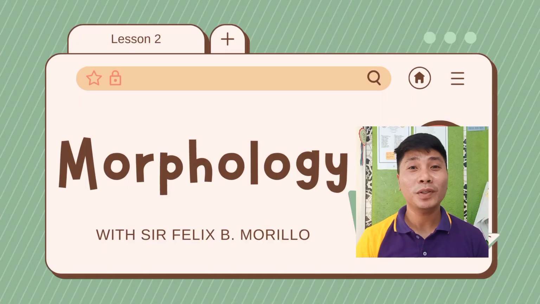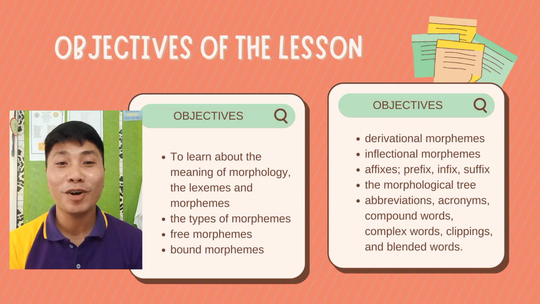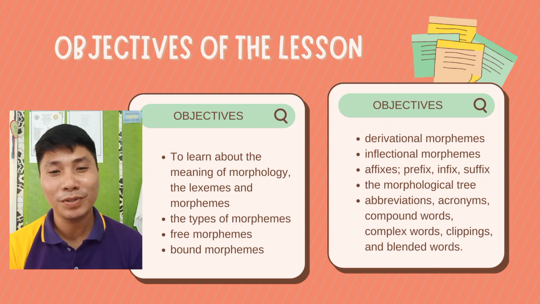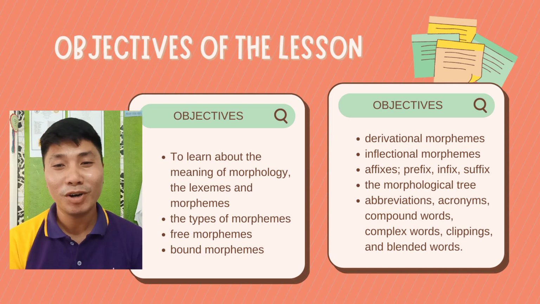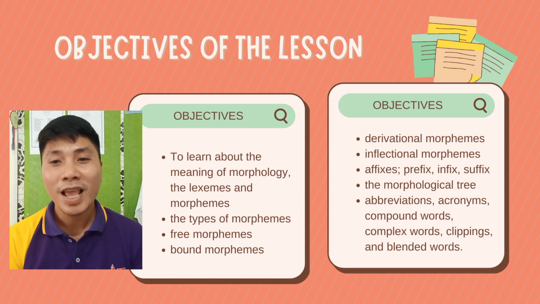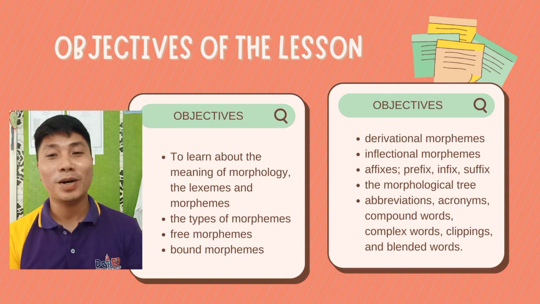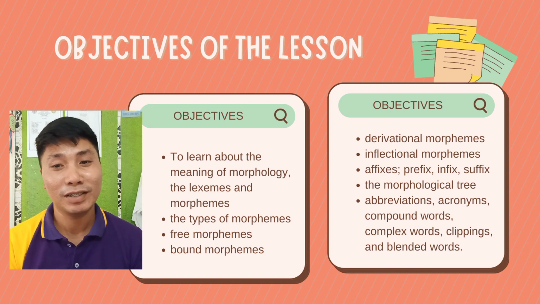This session, we will be talking about one of the components of language, which is morphology. So for today, we will learn about the meaning of morphology, the lexemes and morphemes, the types of morphemes, free morphemes and bound morphemes, the types of bound morphemes which are derivational morphemes and inflectional morphemes, and we'll be dealing also about affixes which are prefix, infix, and suffix.